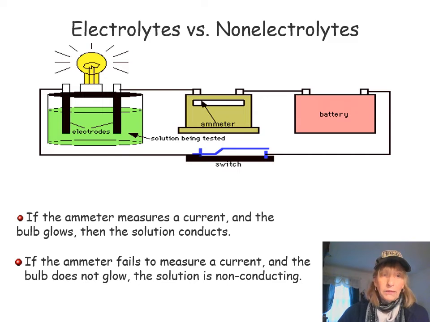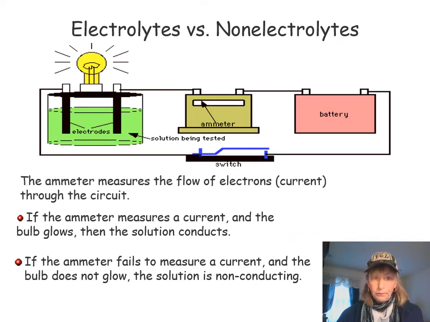We have some electrodes that we dip into the solution, and a light bulb attached, and we're hooked up to an ammeter, and notice a battery. So when we complete the circuit, this ammeter here is going to measure the flow of electrons. Flow of electrons is simply the current through this entire circuit.